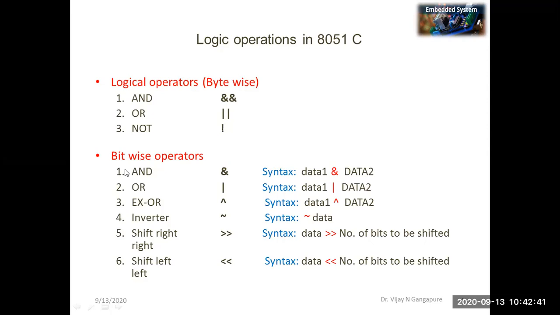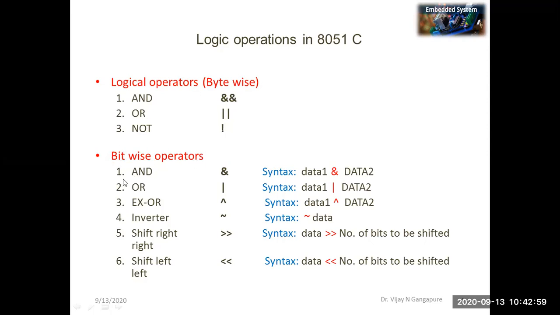The second category of logical operators is bitwise logical operators. Instead of operating on the whole byte, these bitwise operators operate bitwise.